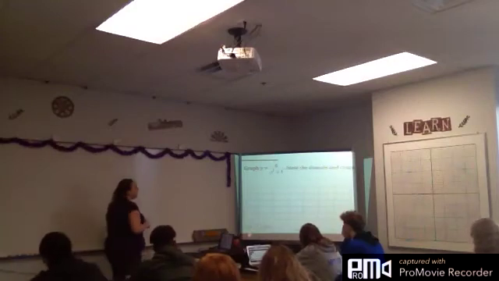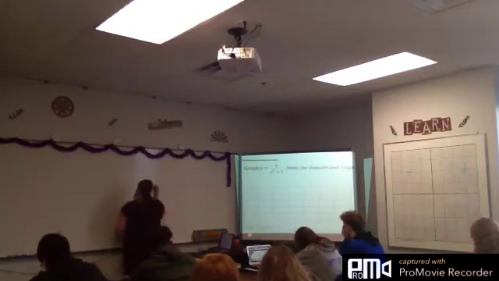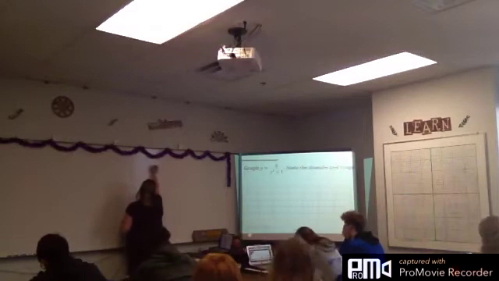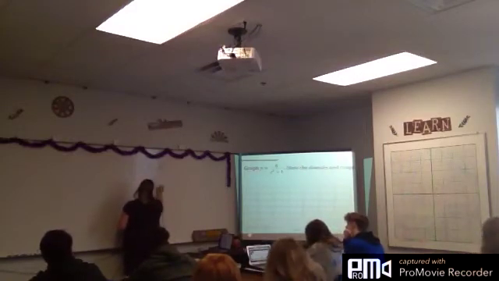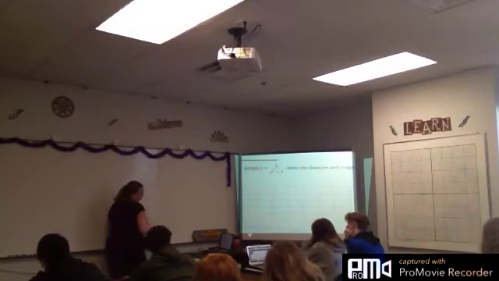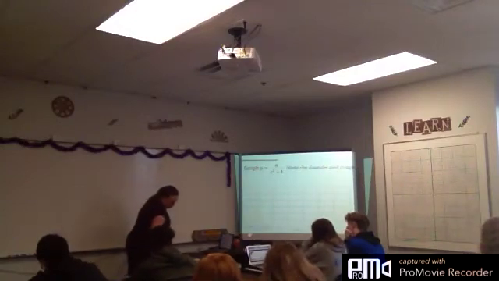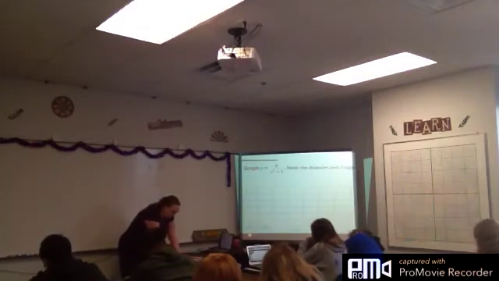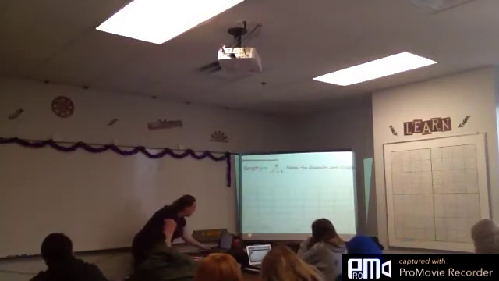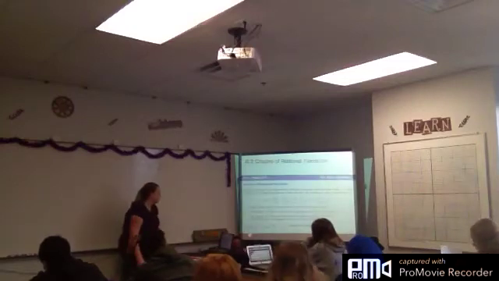Okay, graph y equals 6 over x squared plus 1. So y equals 6 over x squared plus 1. How would I want to start graphing this? No. The first step was what in our last slide?